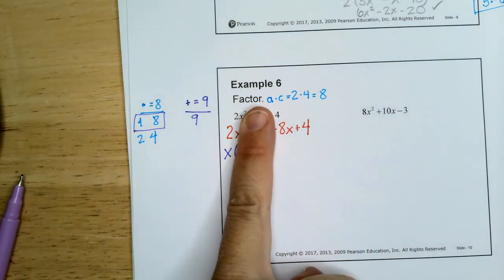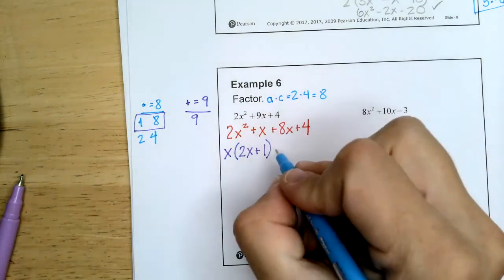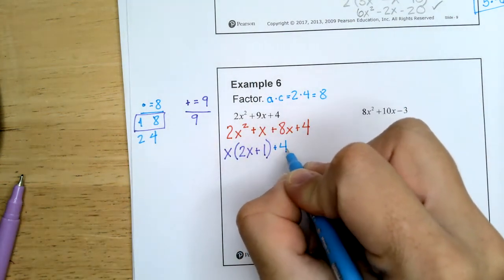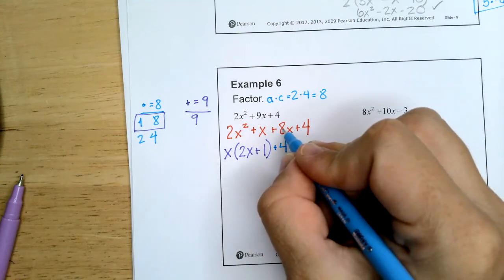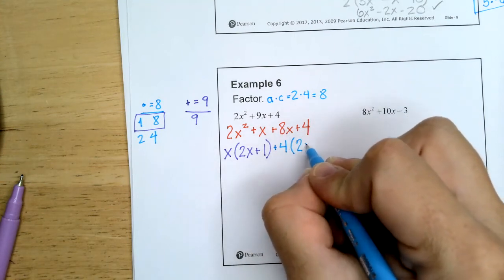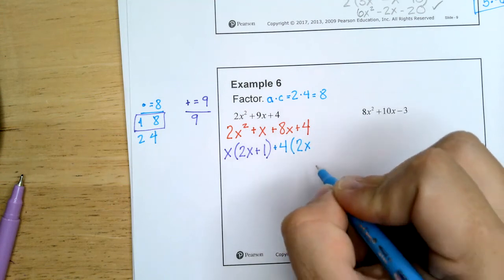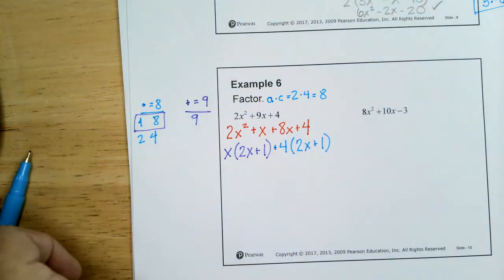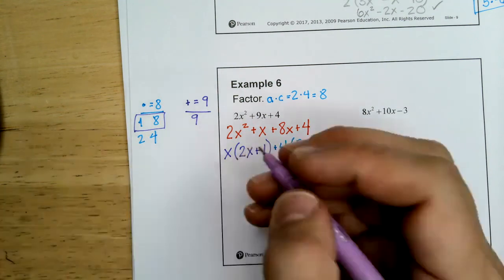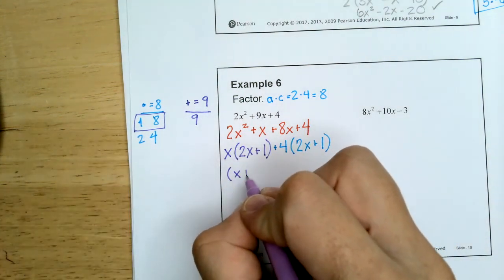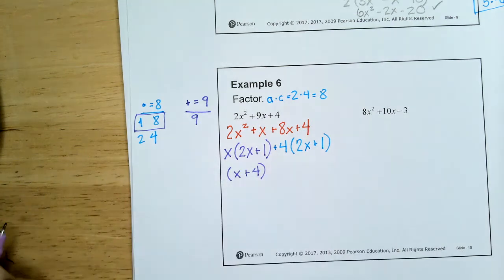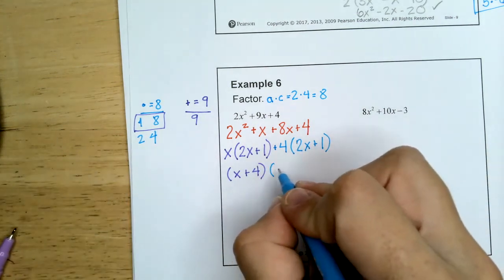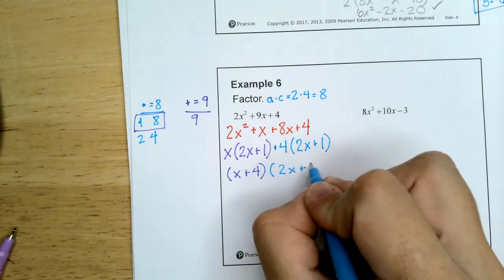What are my common factors? 8 and 4 is just 4, right? Two x times 4 will give me 8x. 1 times 4 will give me 4. So now I have x plus 4. And here I have 2x plus 1.